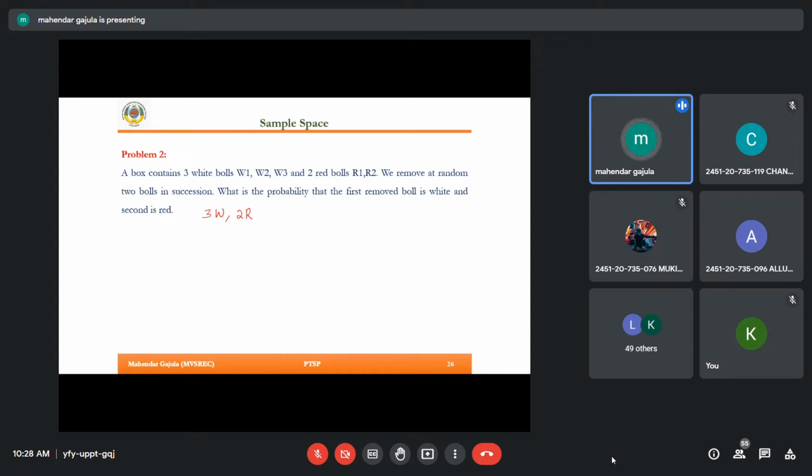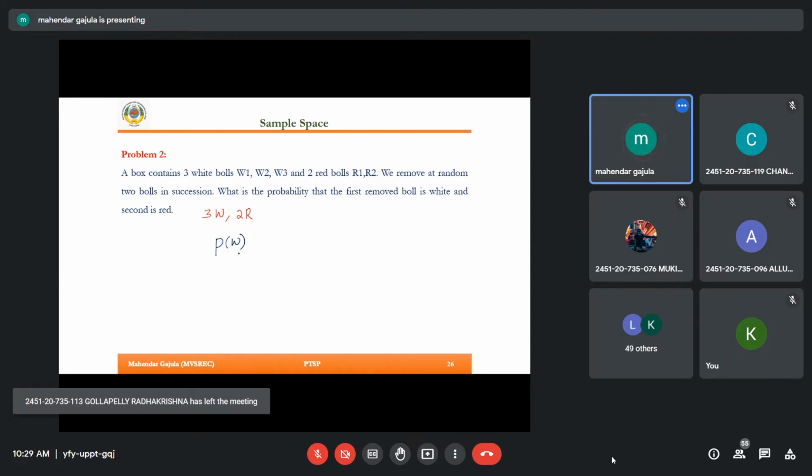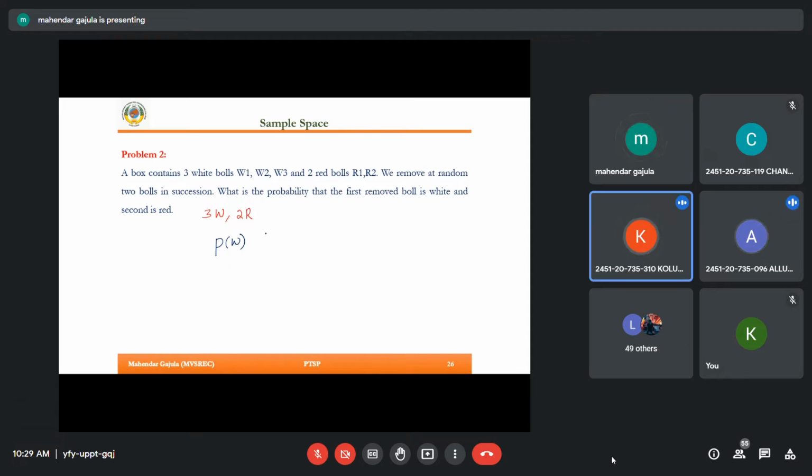So what we have to find in this? First one is white and second one is red. So what is the probability of drawing a white ball? First we have to pick up the white ball. Next, we have to find the probability of the red ball.